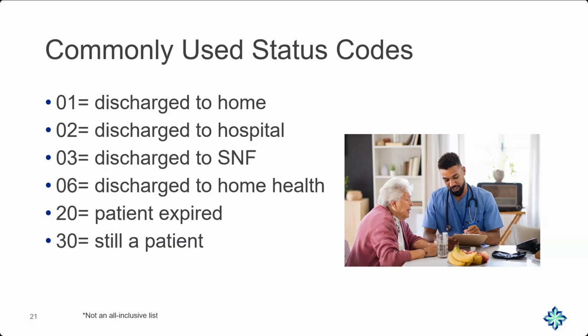We did receive a question that was submitted ahead of time, and I'd like to address that now. The question said, if a patient is a resident of a skilled nursing facility prior to admission to the acute care hospital, and the patient returns to that same skilled nursing facility after discharge, is the correct discharge disposition status 01 home, since the SNF is where the patient lives?